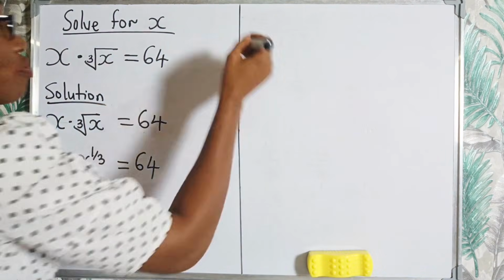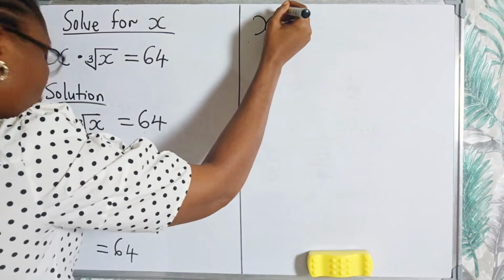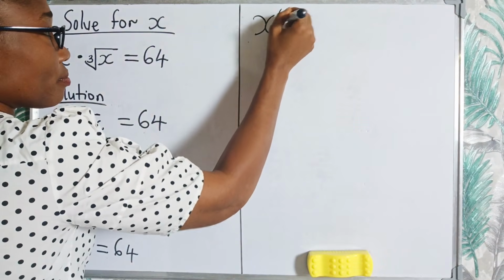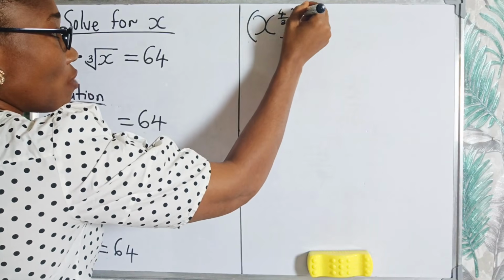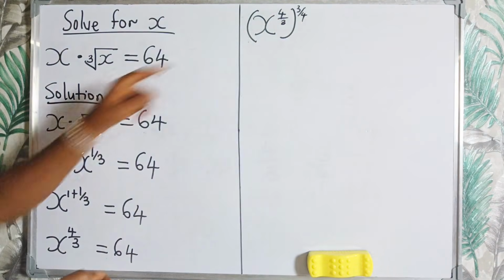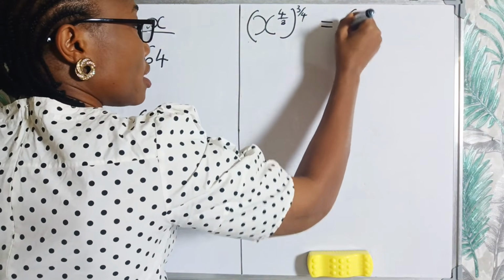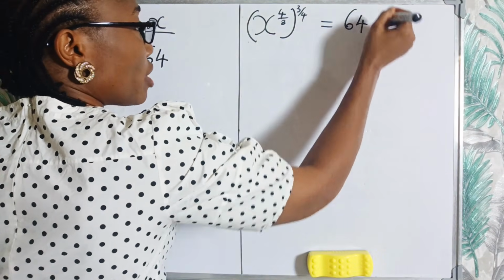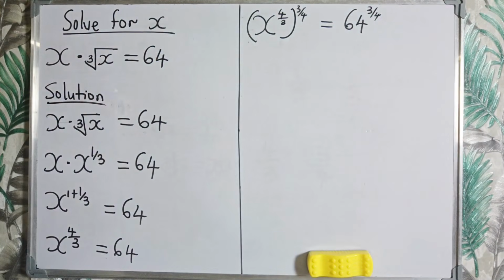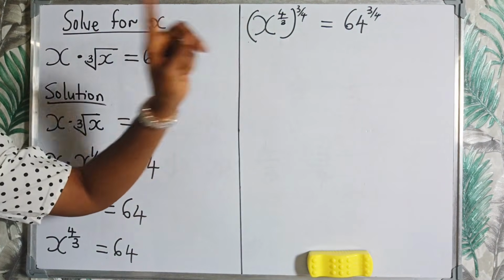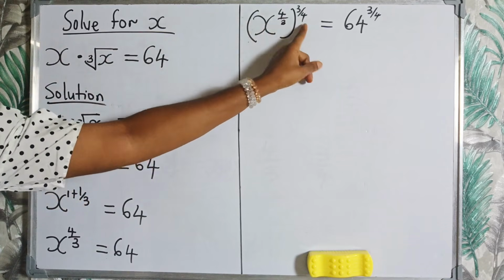So now I'm going to raise both sides. Here I have x raised to power 4 over 3, and then I raise it to power 3 over 4, which is the reciprocal. And this is equal to 64 raised to power 3 over 4. So what's the next thing to do? According to the law of indices, we are allowed to multiply these exponents.